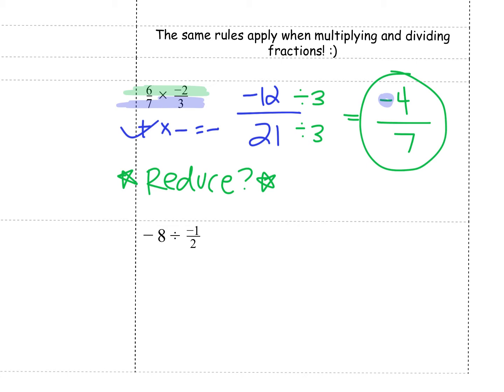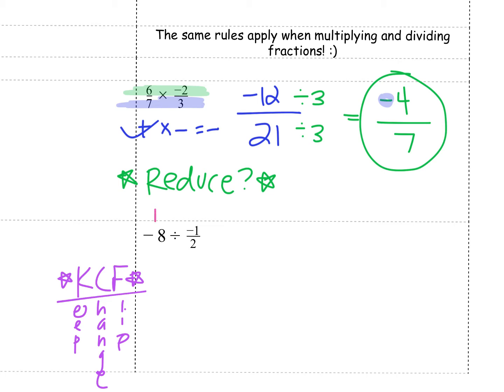When we divide fractions, it's pretty similar. We just have to remember KCF: keep, change, and flip. You cannot forget to KCF when you're doing division. We want to focus on the division process before I worry about anything else.